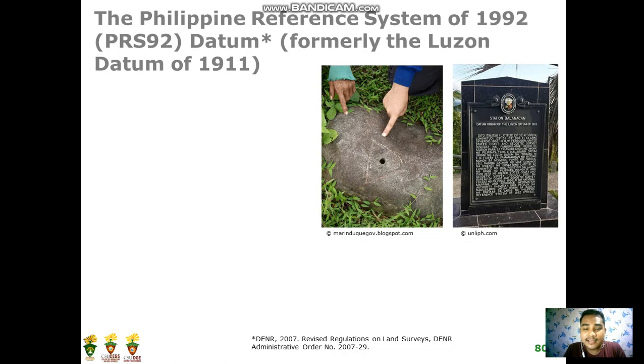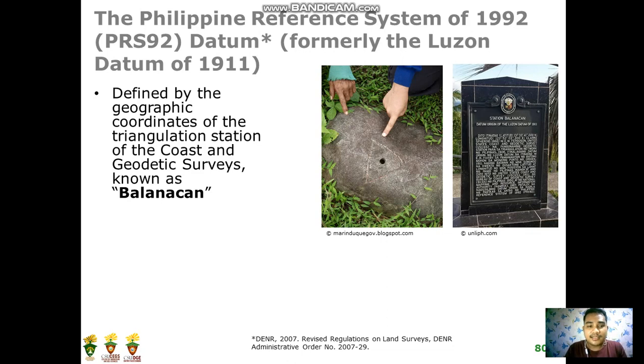So formerly gitawag ni siya og Luzon datum of 1911. So it is defined by the geographic coordinates of the triangulation station of the Coast and Geodetic Surveys known as the Balanakan. So si PRS na gito datum is also known as the Balanakan Station.